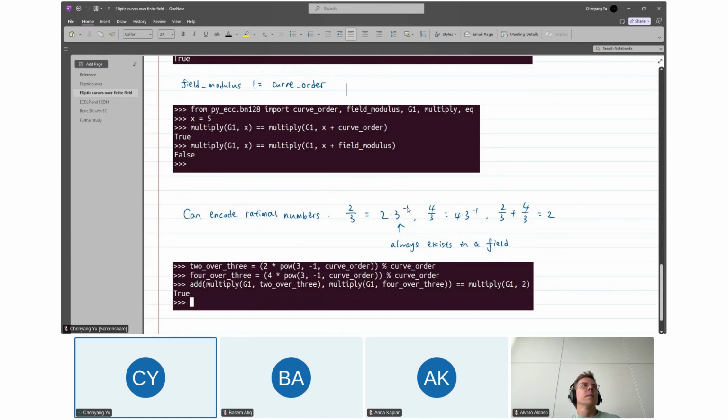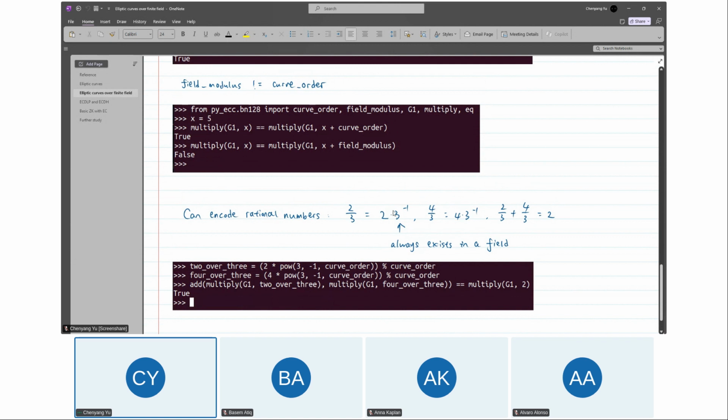They always exist because 3 is a non-zero element in the field. How do we compute the inverse? Don't worry, you can do it using the Python function pow, with base 3, exponent -1, modulo the curve order.